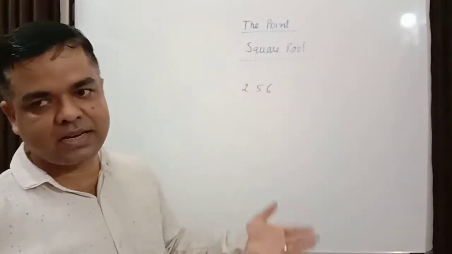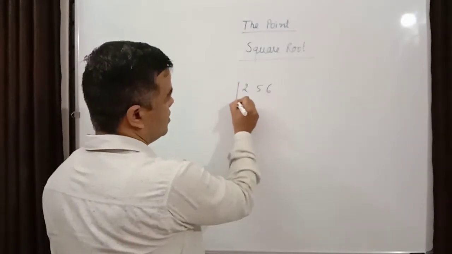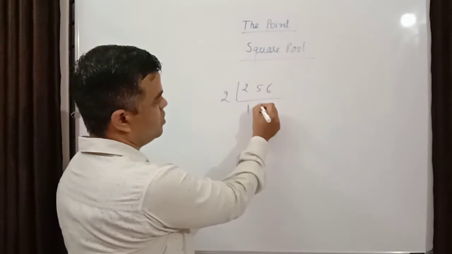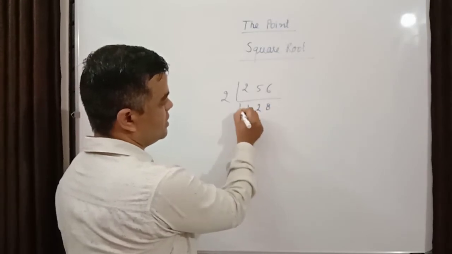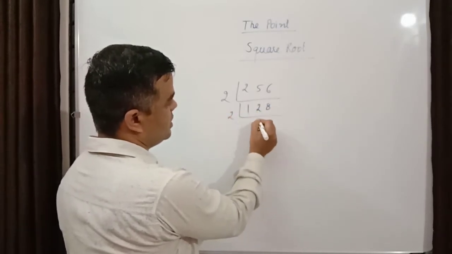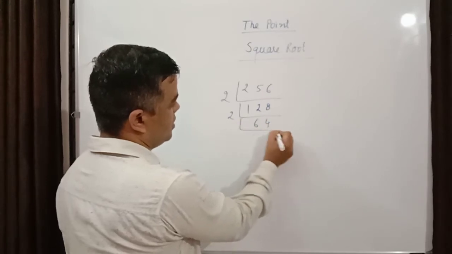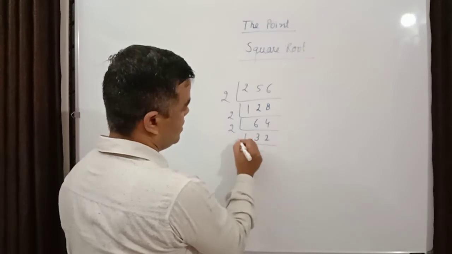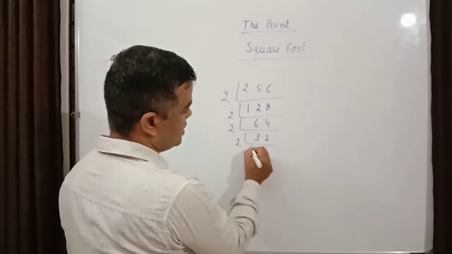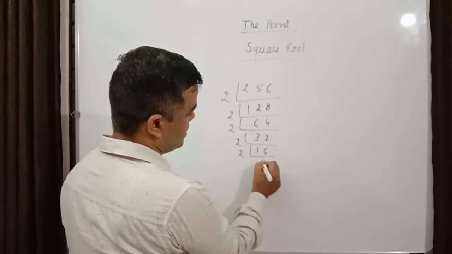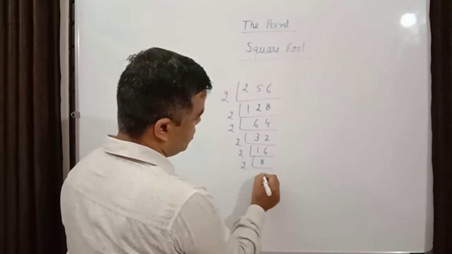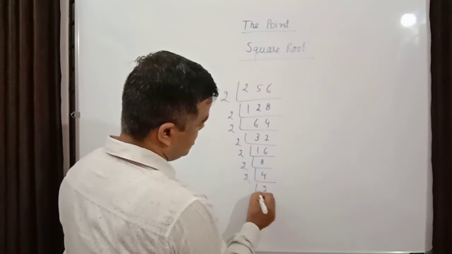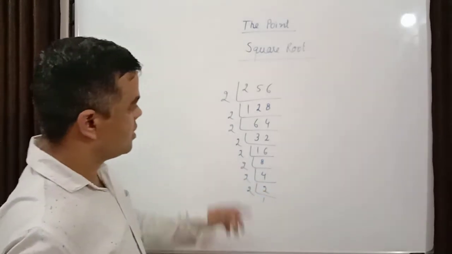To explain the factorization method, I am telling you, divide by 2. 2 1 ja 2, 2 2 ja 4, 2 8 ja 16. Again 2: 2 6 ja 12, 2 4 ja 8. Again 2: 2 3 ja 6, 2 2 ja 4. Again 2: 2 1 ja 2, 2 6 ja 12, 2 8 ja 16. 2 4 ja 8, 2 2 ja 4, 2 1 ja 2.